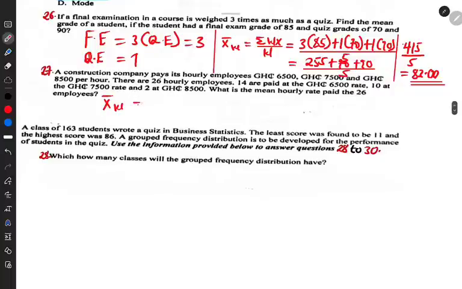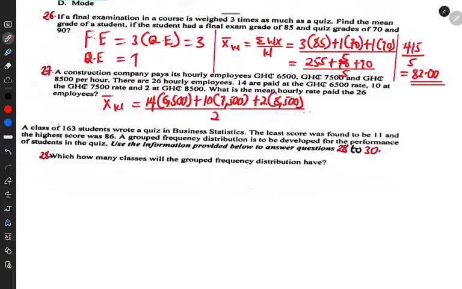So we have 14 paid 6,500, so 14 multiplying 6,500, plus 10 being paid 7,500, then lastly 2 being paid 8,500. We divide by the total number of hours, so 14 plus 10 plus 2 gives 26, as the question informed us.